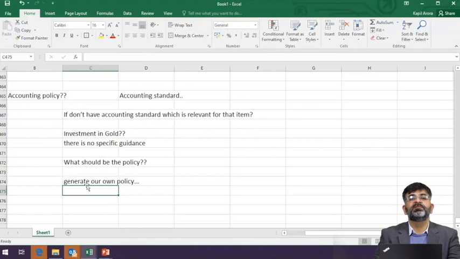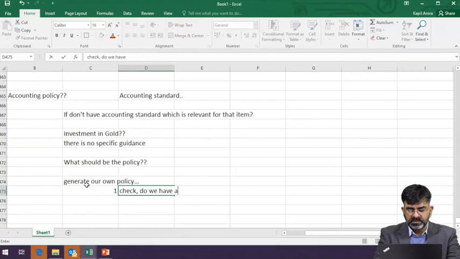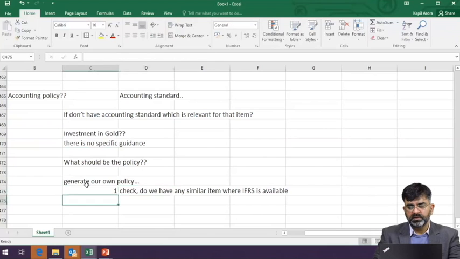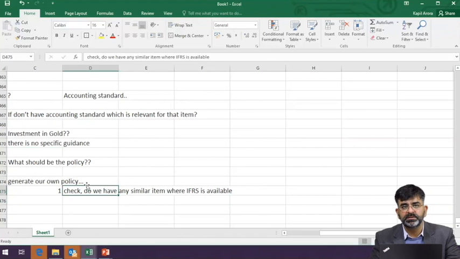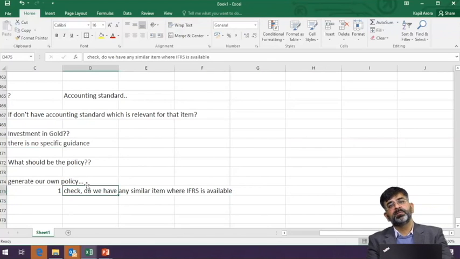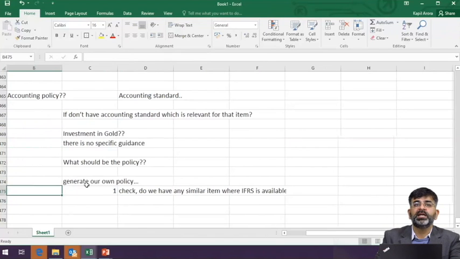Now there is a flow which we follow to generate our own policy. The first thing: check, do we have any similar item where IFRS is available? My point was, can we apply the standard we apply to investment property, or the standard for investment in shares, to the investment in gold we are looking at here?